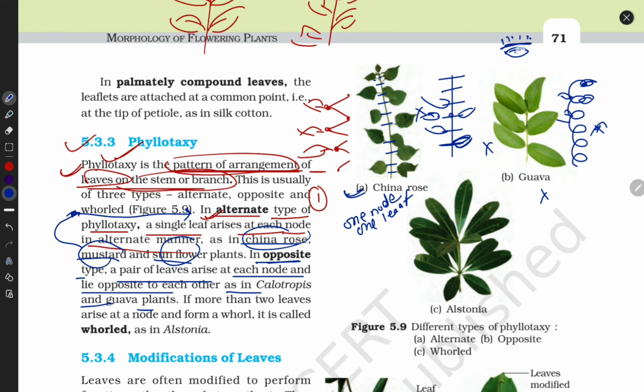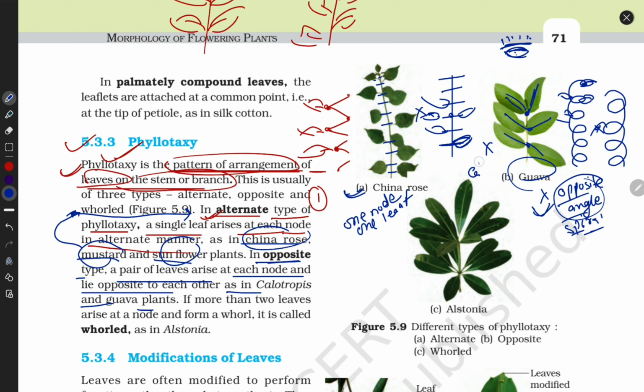If we watch at a top view, then they are present in a whorl-like manner, because one leaf is here and another is here, at a particular angle, opposite to each other. They make an opposite angle to each other. The example is guava and calotropis.